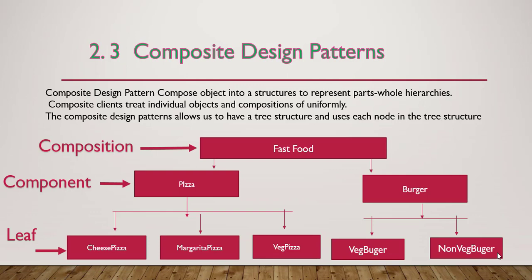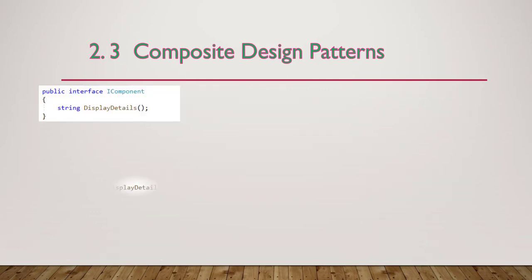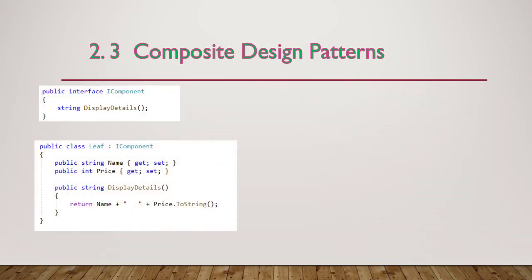So if we see this practically, first we create an interface named iComponent, which has a method display details. This iComponent is inherited by leaf. Leaf has name and price, and it prints the name and price of the particular leaf in the display details method.